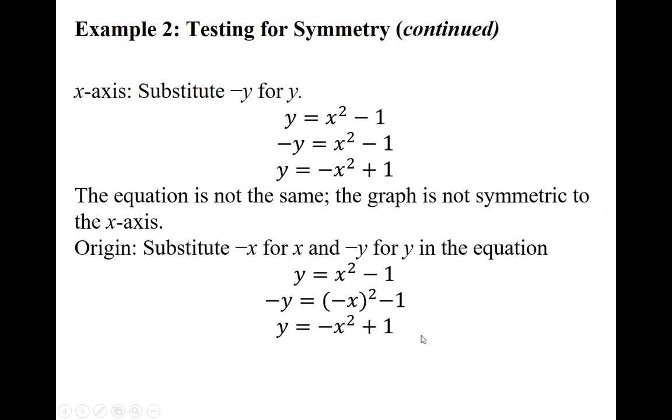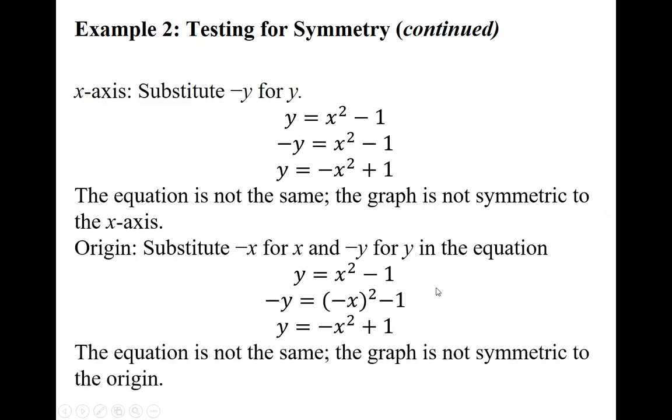Both things were done in the same step to go from line 2 to line 3 here. Squaring made this positive, but then dividing by -1 turned it back negative. Also turned the -1 into +1. The equation is not the same. The graph is not symmetric to the origin.